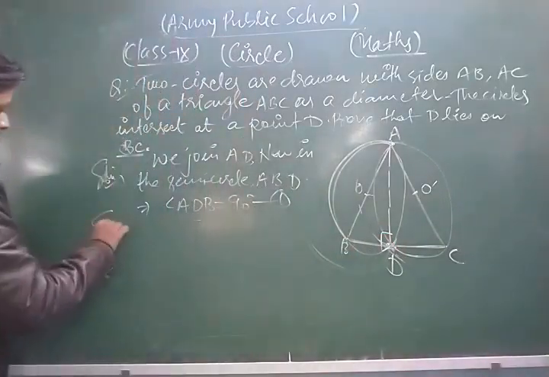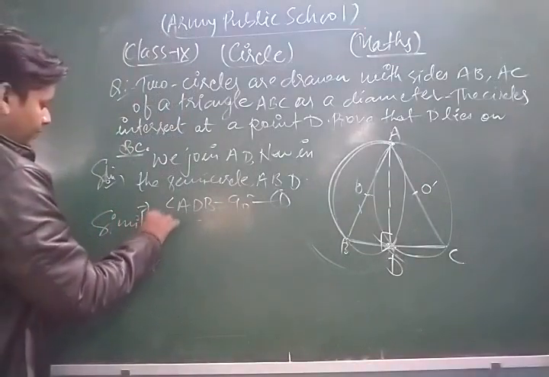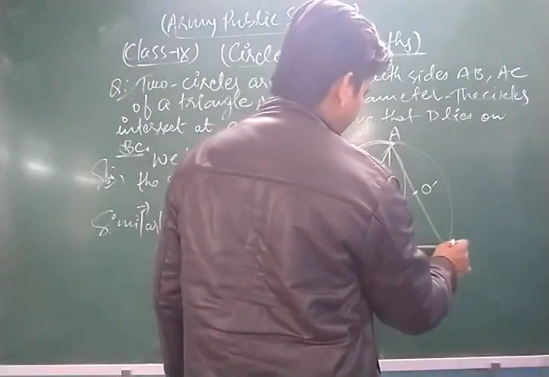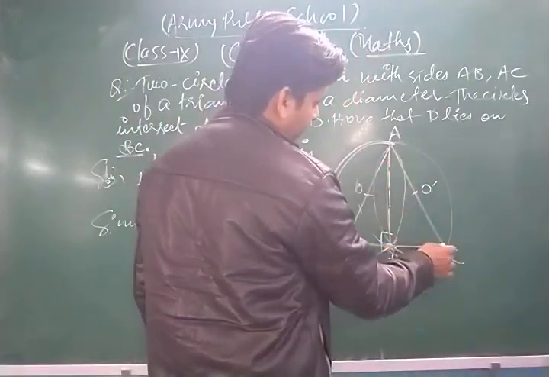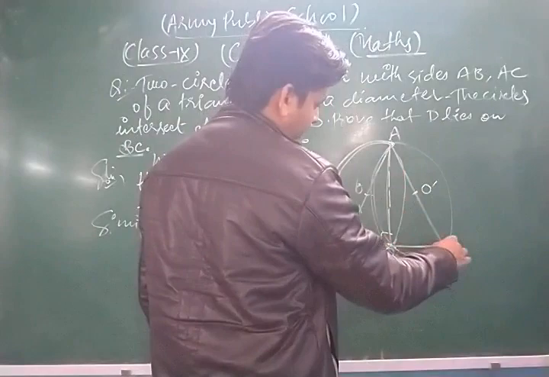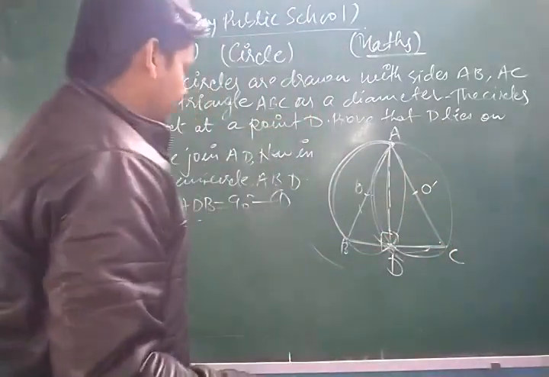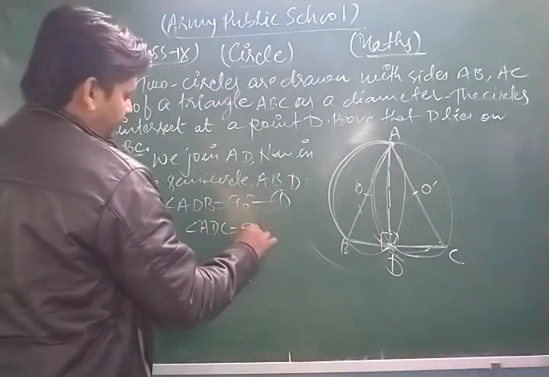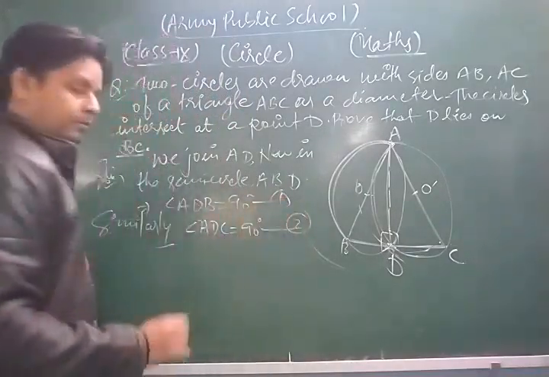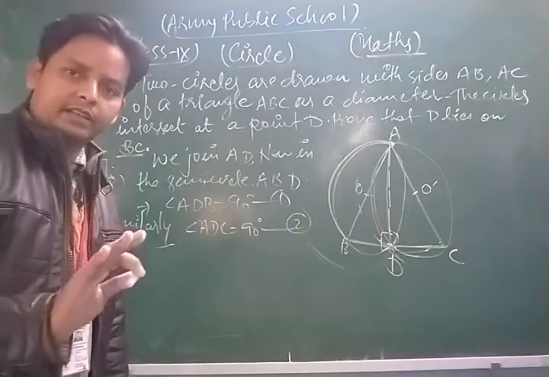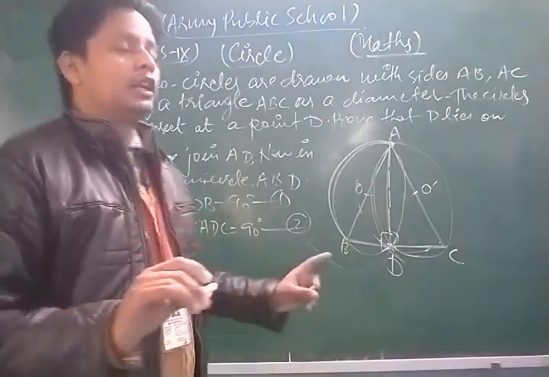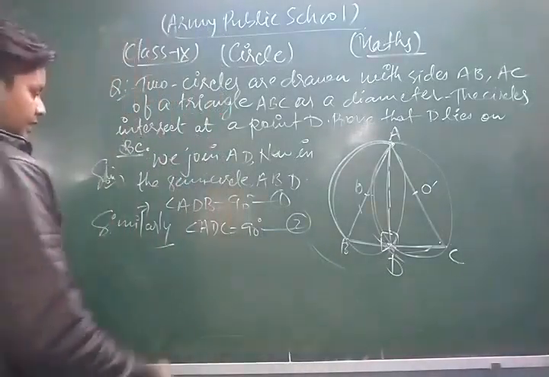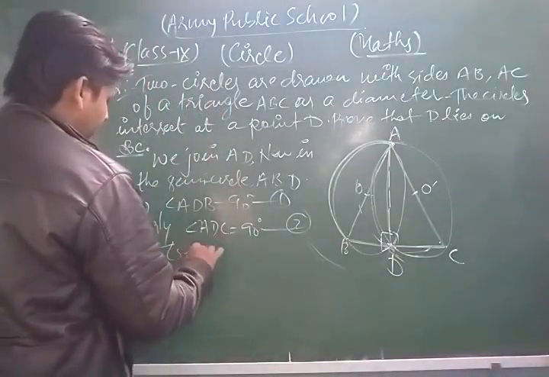Similarly in triangle ADC, this is also a semicircle. So the angle in the semicircle, angle ADC, is also 90 degrees. We know that the angle in a semicircle is 90 degrees.